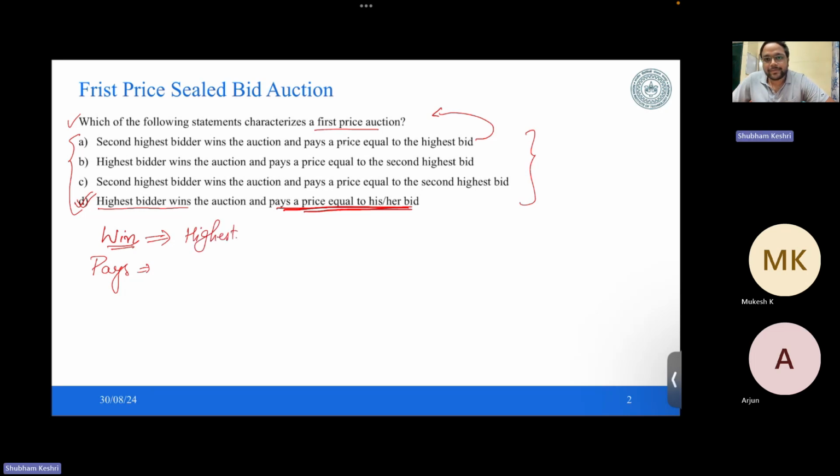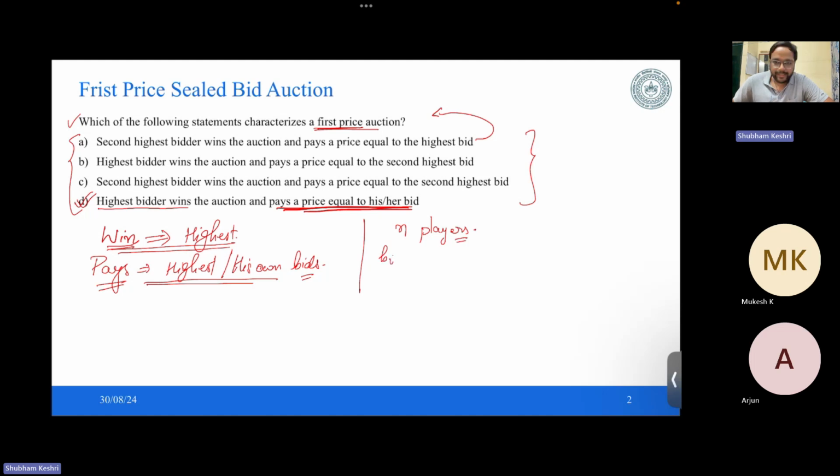There are some Chinese auctions as well where the winner is not decided on the highest bid, but in a probabilistic manner. Suppose there are n players, and player i bids Bi.